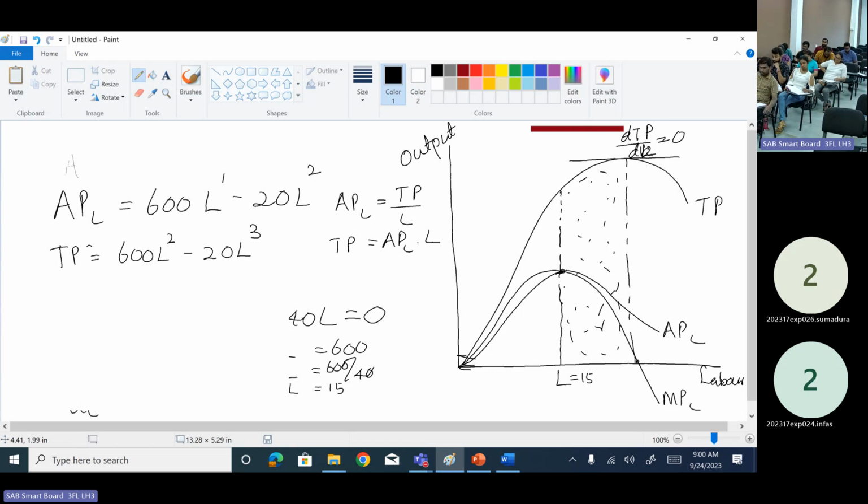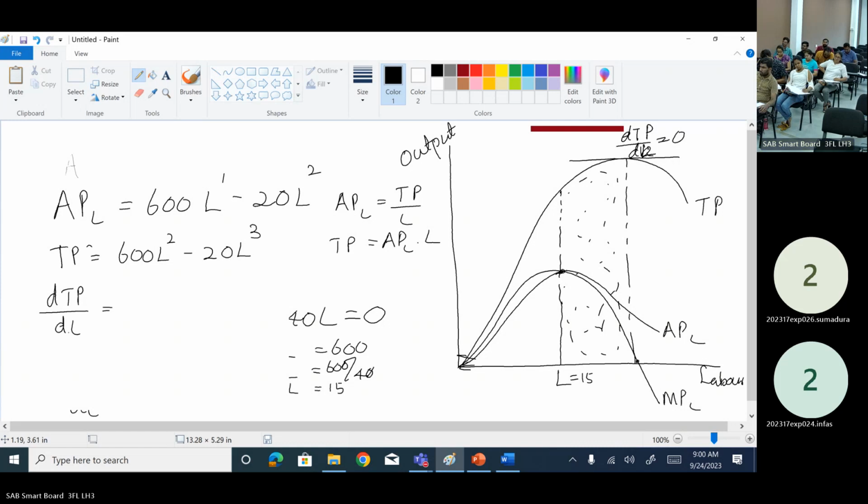So that is the total production. To differentiate this total production, we use d because we have only one variable. If we had two variables, we would use the partial derivative. So dTP over dL, right? We differentiate the total production function in terms of L.